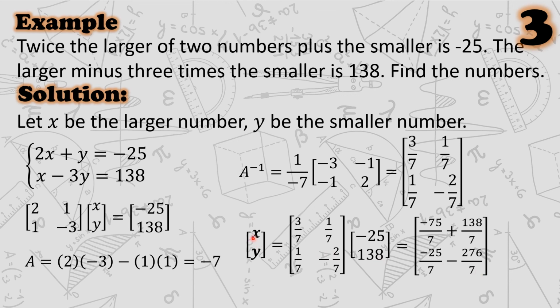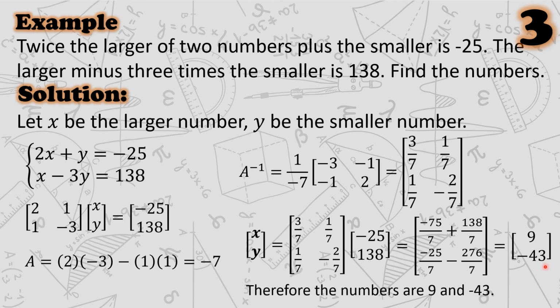So the solution to the variable matrix xy is the column matrix 9, negative 43. Therefore, x is equal to 9 and y is equal to negative 43. The numbers are 9 and negative 43.